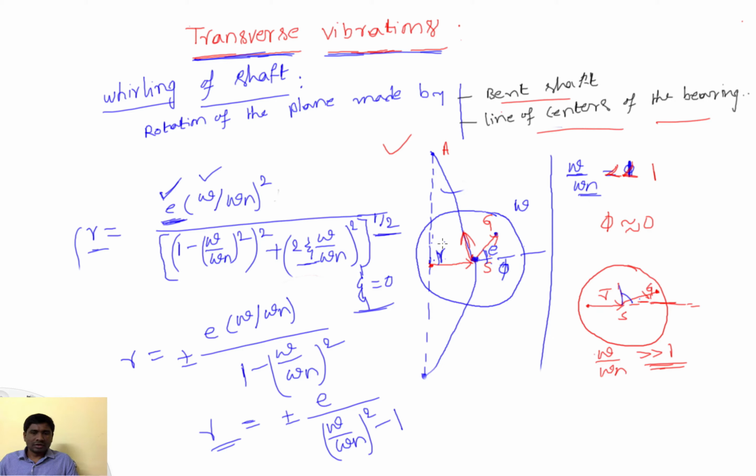So that is the meaning of R here. So if omega equal to omega n, this will become 1, and 1 minus 1 means 1 by 0. It's becoming infinity. That means the shaft is bending to infinity. That means the shaft is literally failing here because it cannot bend to infinity. So we should always avoid the resonance.